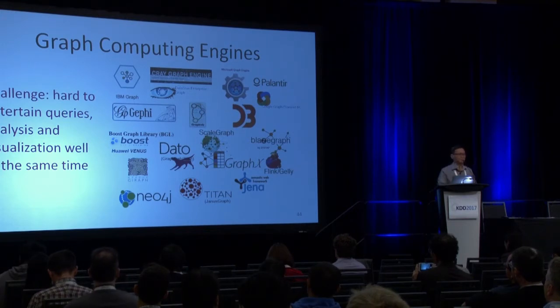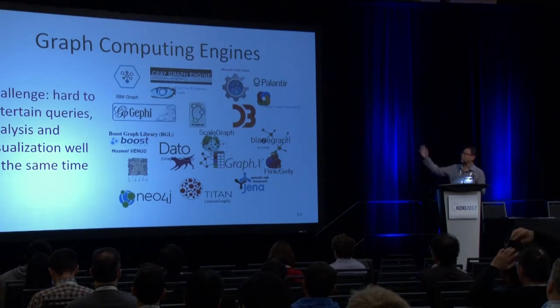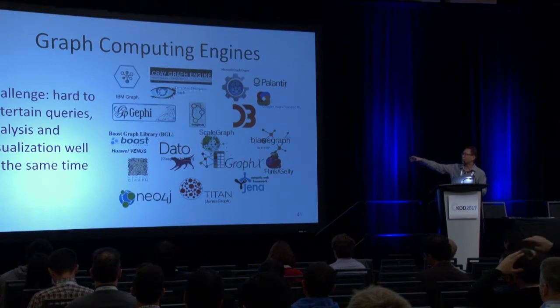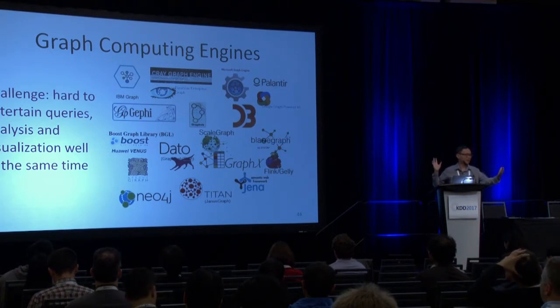But we have one challenge: how can we implement such algorithms at scale for real networks? So we need to build graph engines. And there are many graph computing engines already. You can see a lot of them here, and more are not included because of the size of the slide.